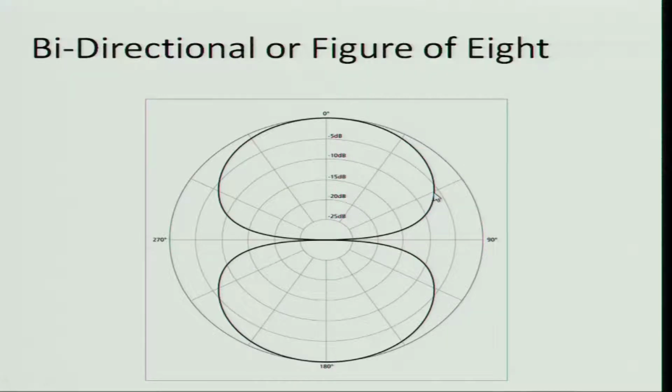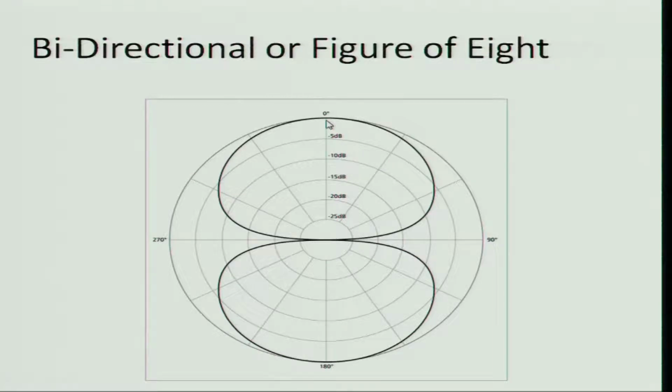Now if I have a sound which is coming from the 60 degree direction, and let's say the actual strength of the sound is 100 decibels, then the microphone will measure, see, this line is 5, this line is 10, so maybe it will measure 6 decibels less. So it will measure 94 decibels instead of 100 decibels.